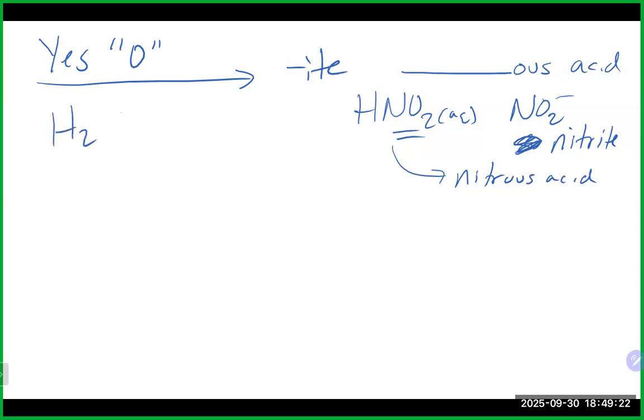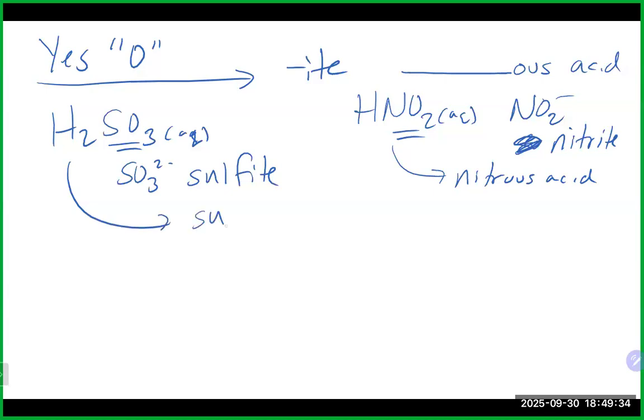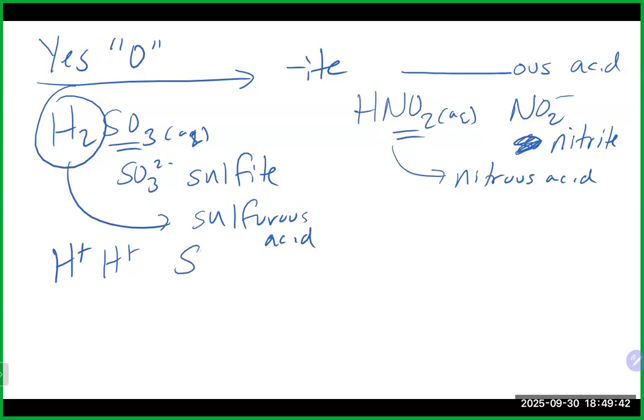If I take H2SO3, SO3 is SO3 2 minus. That is sulfite. That means that this would be sulfurous acid. Again, here we have two hydrogens to balance out the -2 charge of our sulfite in this case.